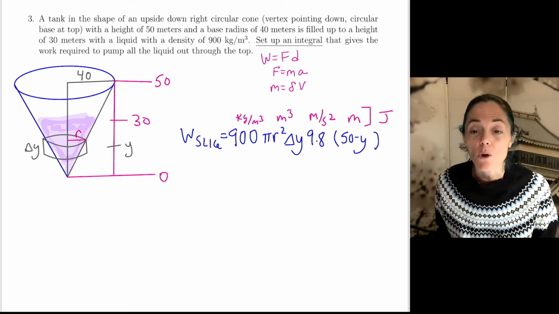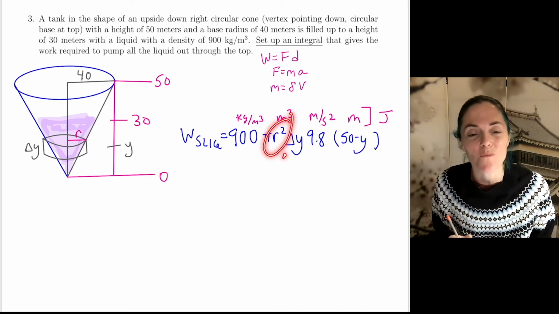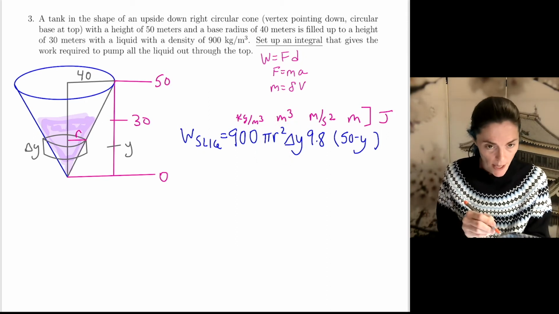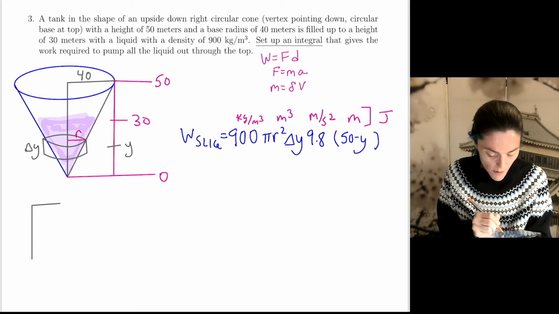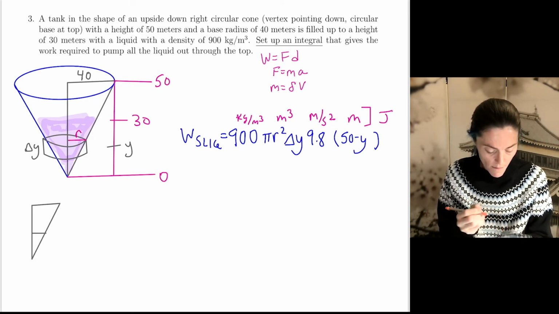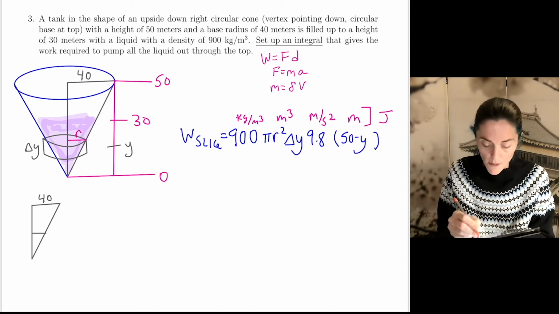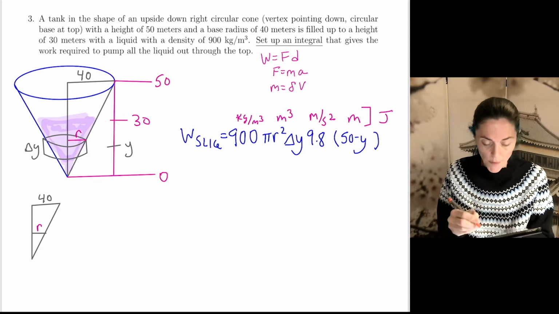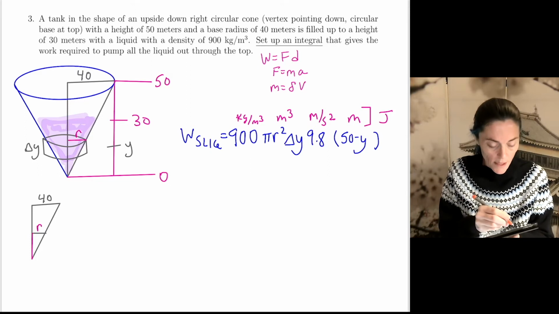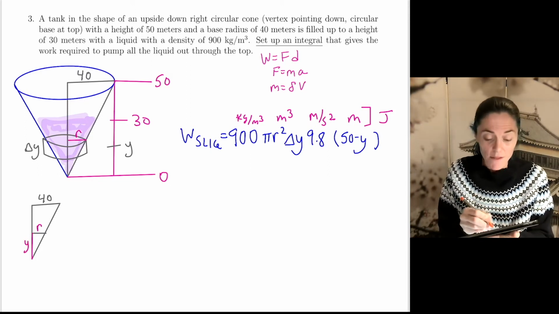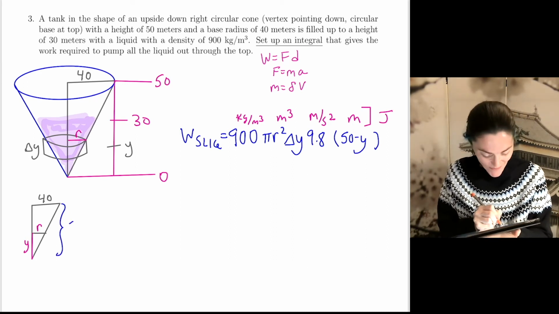Now, the only thing before I can write down my integral is that I do not have r as a function of y. To do this, I need similar triangles. So let me recopy this triangle over here. This is 40, this is r, down here this part is y, and the total height is 50.